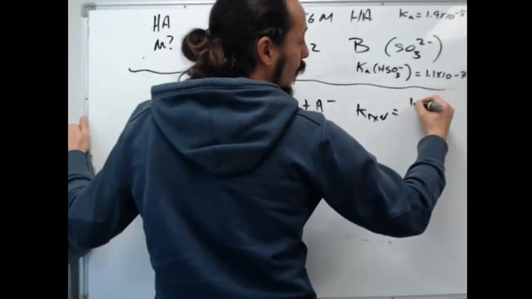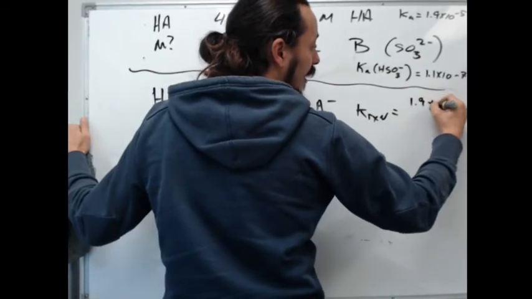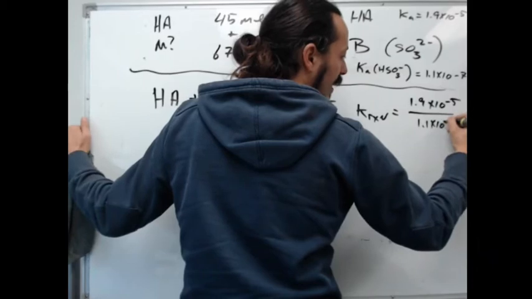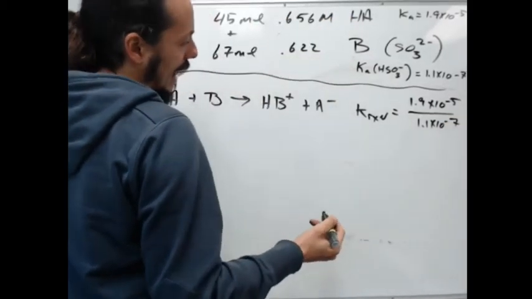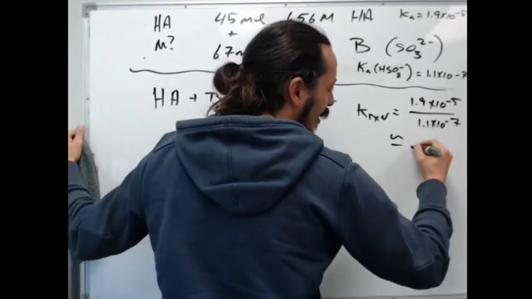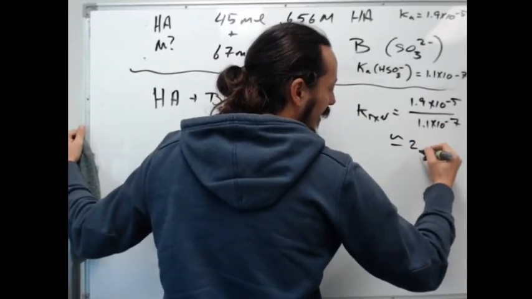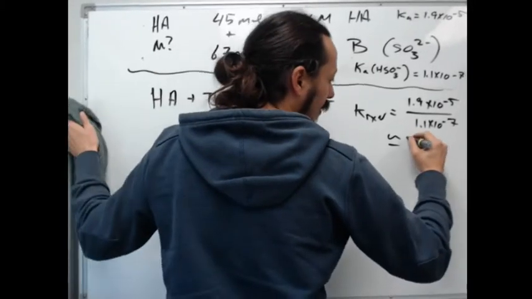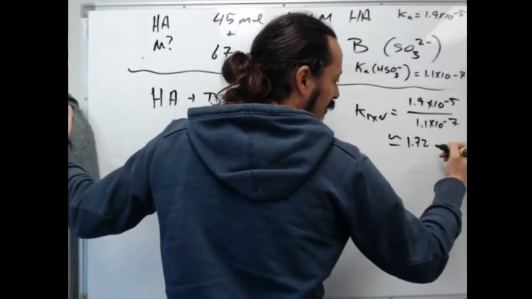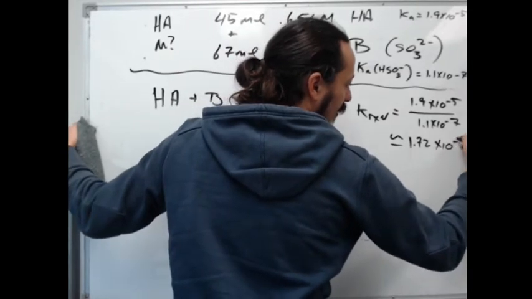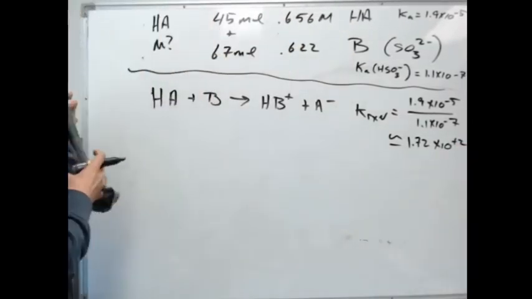So I'm going to have 1.9 times 10 to the minus 5 divided by 1.1 times 10 to the minus 7. That is going to be approximately 172.73, or 1.72 times 10 to the positive 2 is what I'm going for.